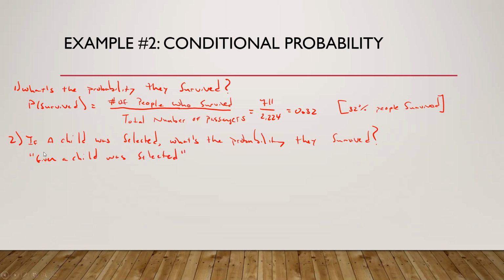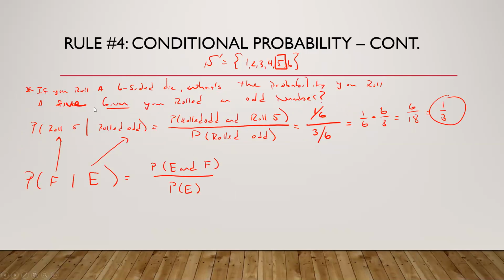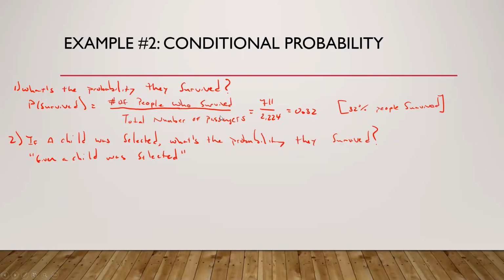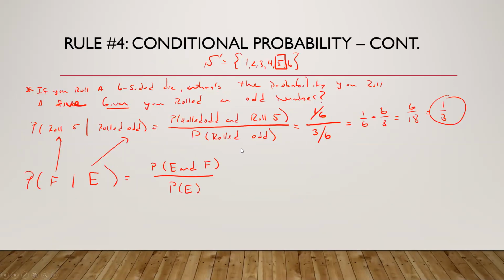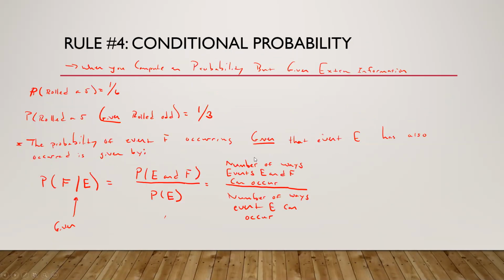So if you look back here, this is going to be a conditional probability question. I'm looking for the probability they survived, given that they were a child. This is the way we're going to tackle this formula. It's the number of ways both can happen.